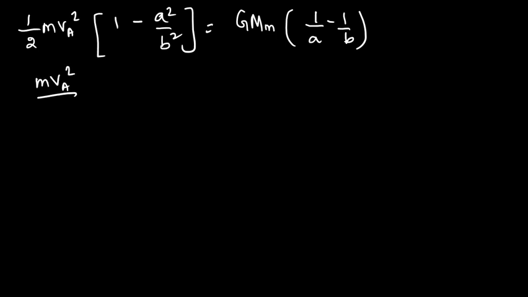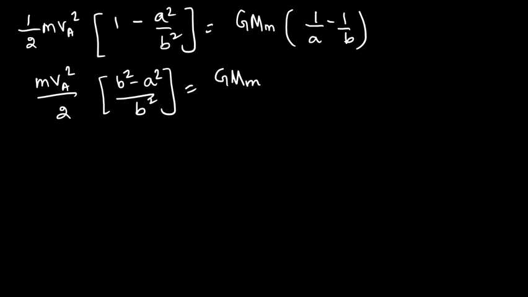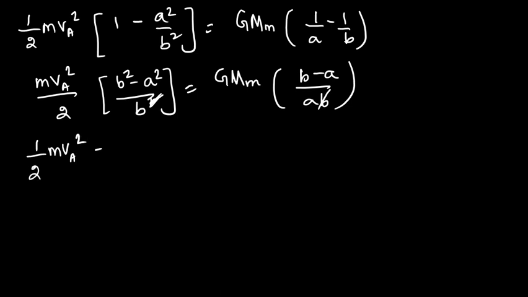Okay. I can cancel this b over here, and I'm not going to cancel this half m v square term. I'm just going to keep this as it is.